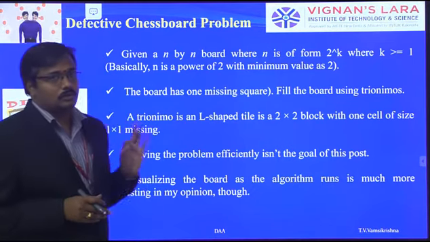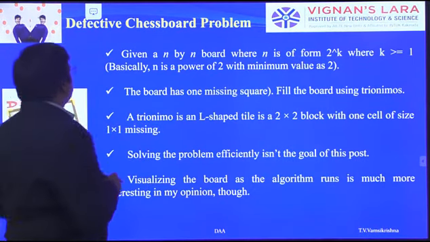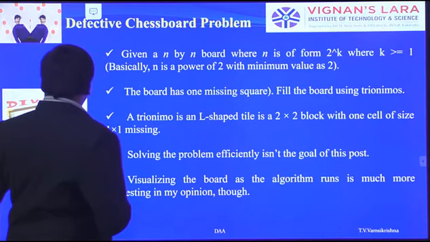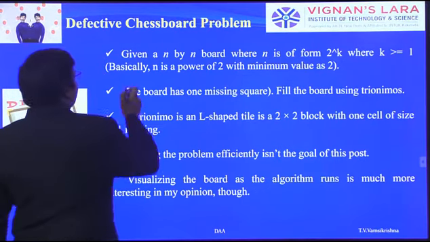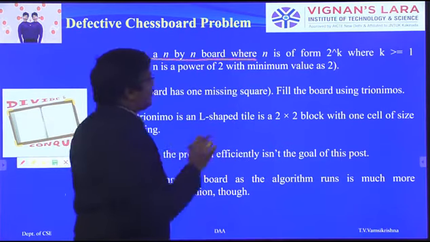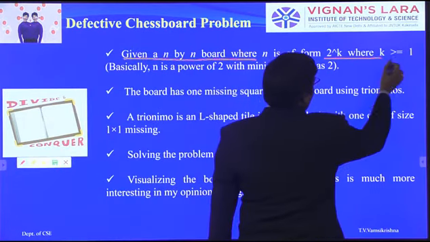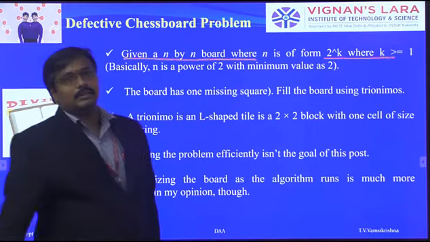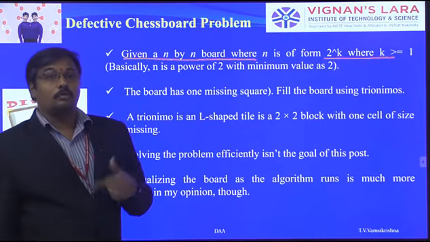So what is the definition of this problem? Given an n by n board, the very important constraint is that n is a power of 2.